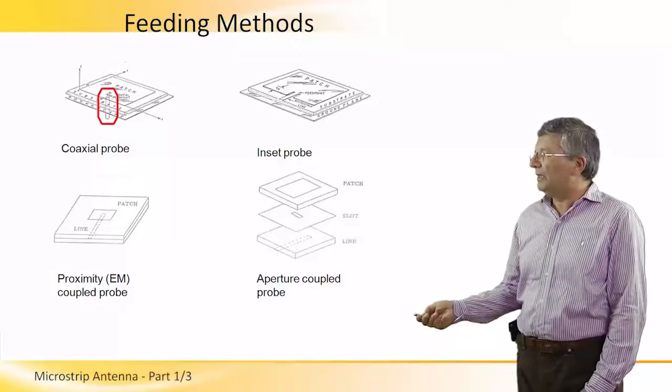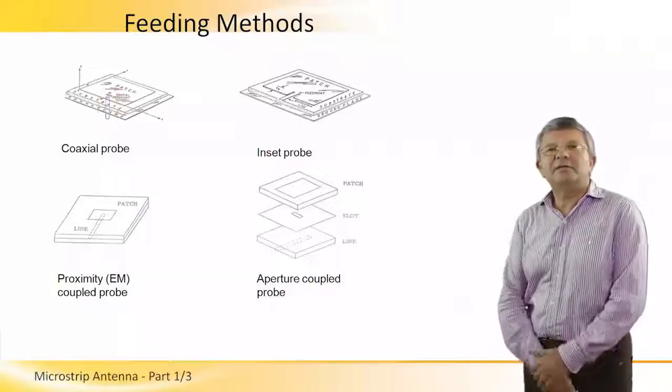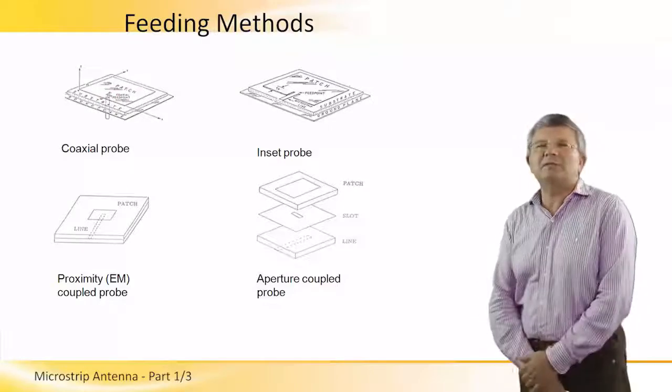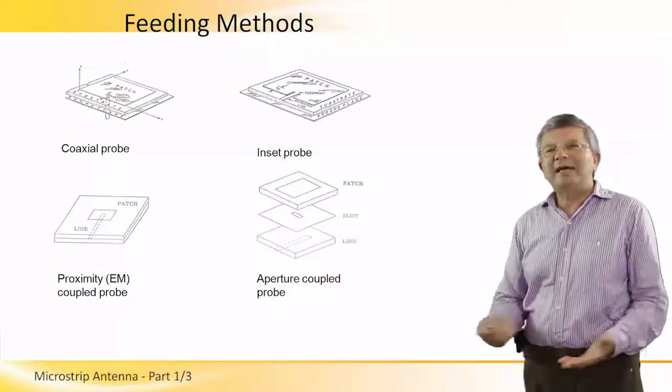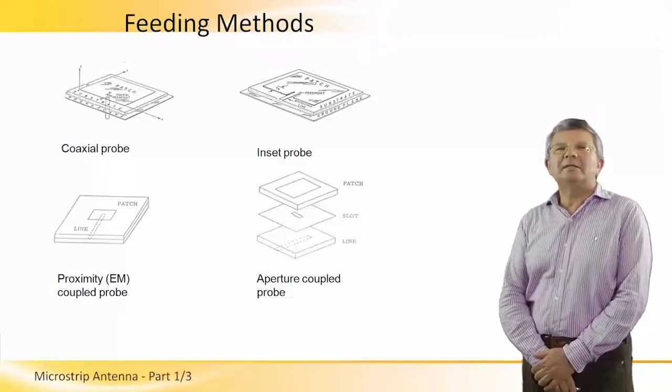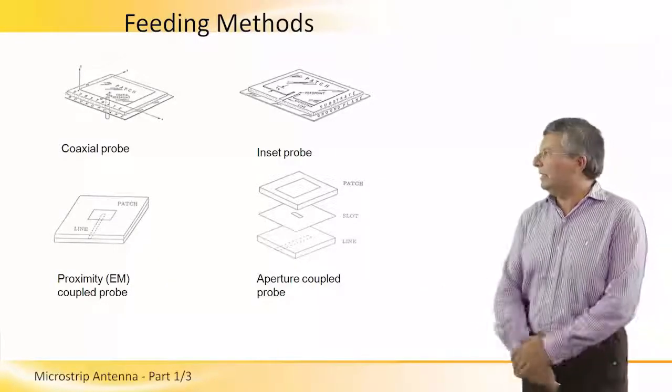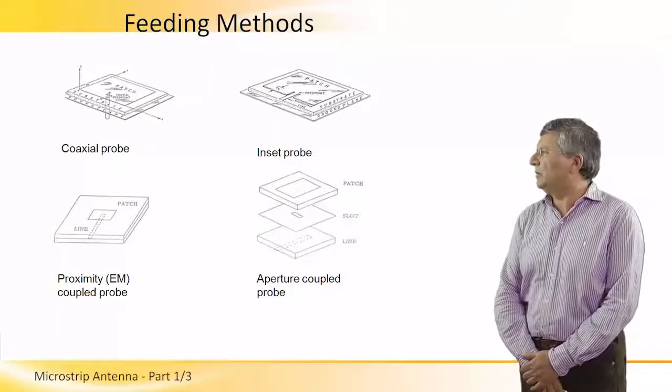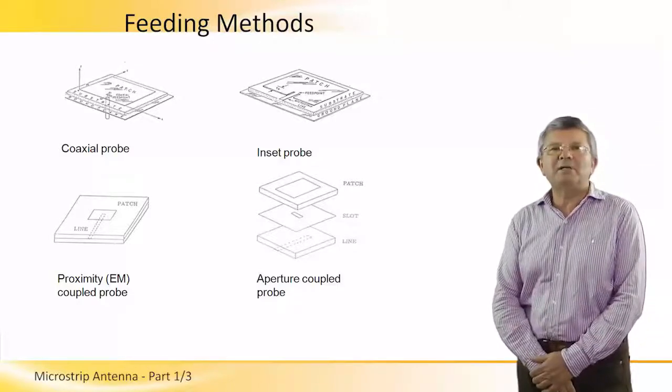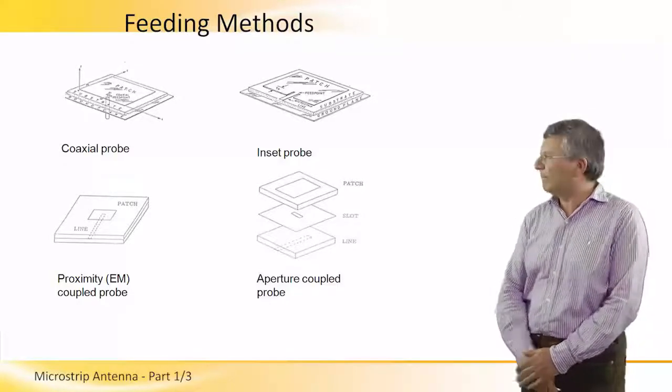By the way, the upper conductor of the antenna is also called a patch because it can have many shapes, and in this slide we see only rectangular, but it can be of any shape essentially.